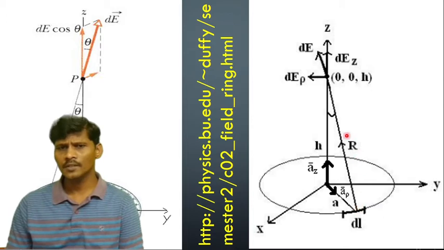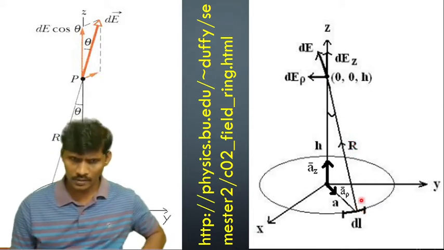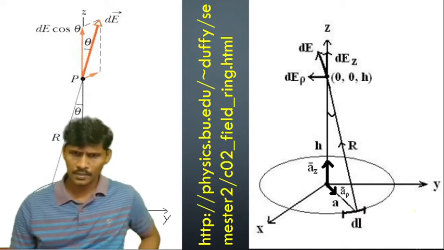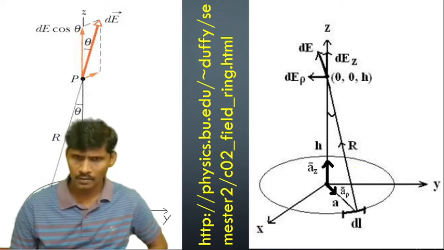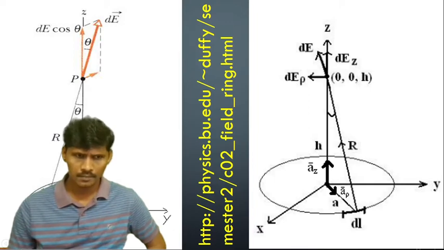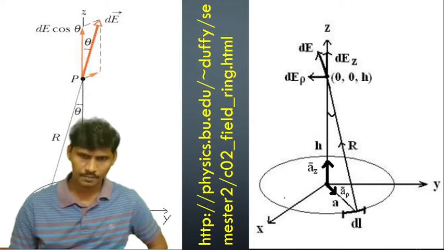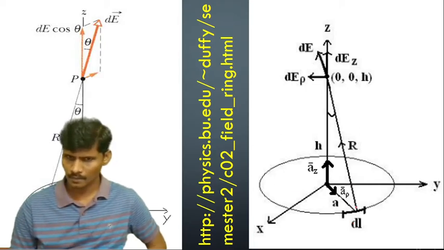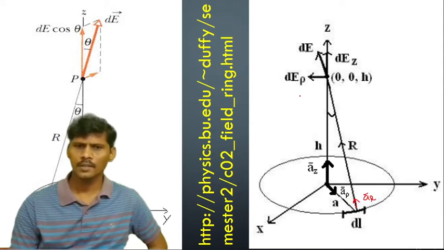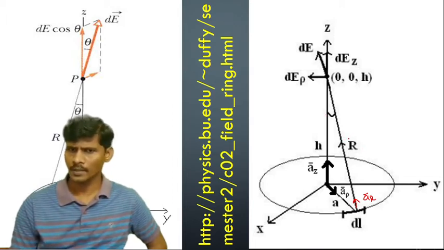From the elementary length to the point P, the distance is capital R bar, and along this direction the unit vector is a suffix capital R bar.